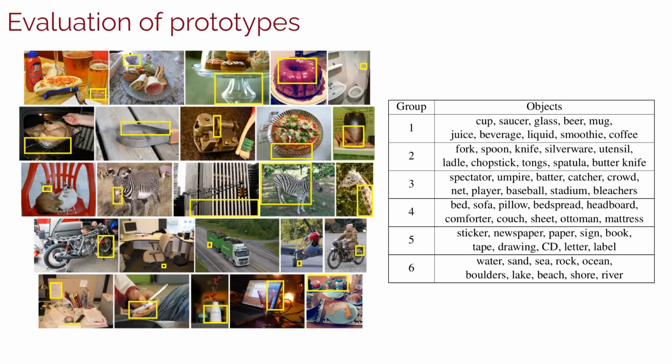In terms of groups 5 and 6, they are objects sharing similar characteristics, such as objects related to text and scenery. Note that here we only show part of the result, and in total we have over 700 objects clustered in 30 groups.